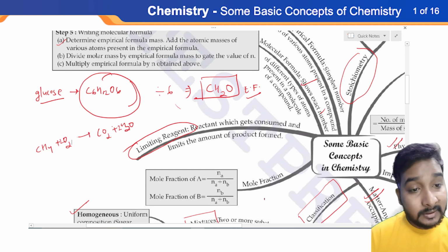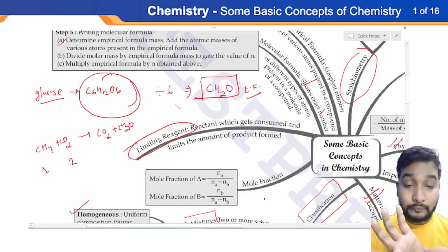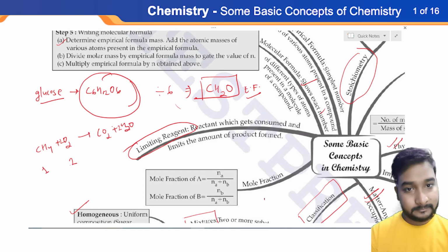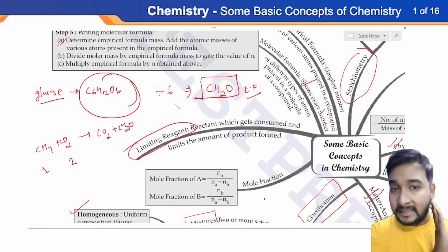Now you can see here 1 mole of CH4 is reacting with 2 moles of oxygen. For calculating the limiting reagent, we have to observe the reactant side only. Remember that we don't need to observe the product side, completely neglect the product side.